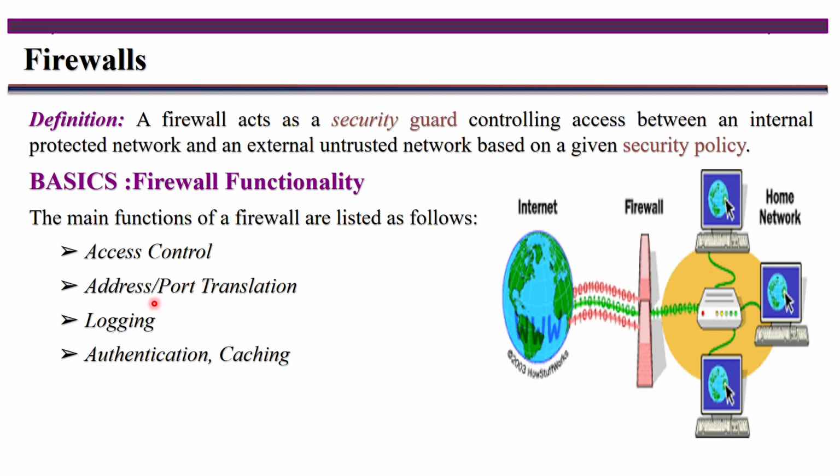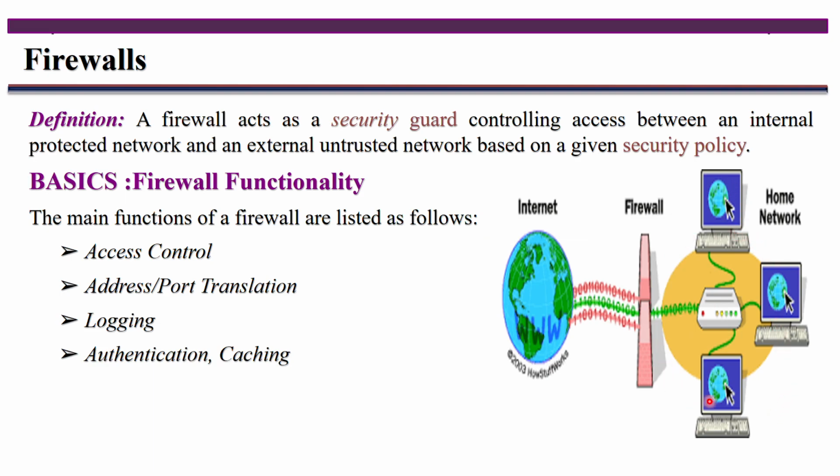Next is address or port translation. As we know, all these machines are identified by IP addresses, which we call private IP addresses. Private IP address means the internet can't see which machines are in this secure protected network.